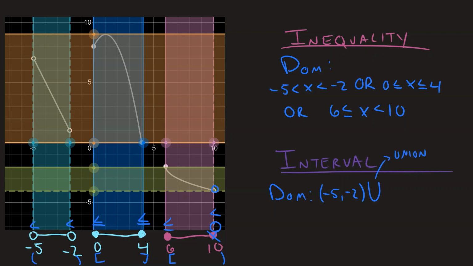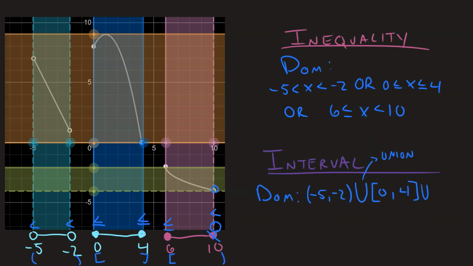So after the union, I'm going to go ahead and make my next interval. This one is from 0 to 4, both with brackets. And then another union, and I might need a little more space here. And this one is going to go from bracket 6 to 10 with a parentheses at the end. Just squeezed it in.